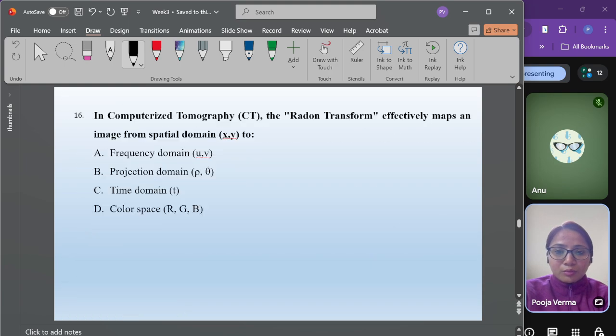Okay, so now moving to our next question. Our next question is: in computerized tomography, the Radon transform effectively maps an image from the spatial domain XY to which domain? Option A, frequency domain UV. Option B, projection domain rho and theta. Option C, the time domain T, or option D, a color space RGB.